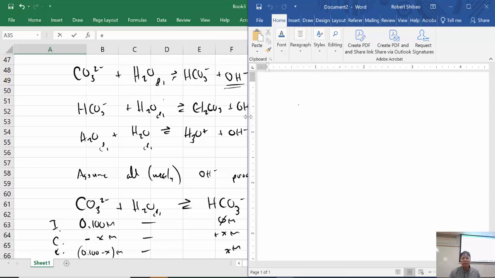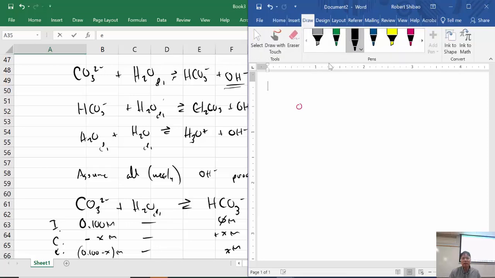So the carbonate is going to be 0.100 minus 0.000625. Is that correct? This is for the carbonate. And that's going to give us 0.0993075 molar.